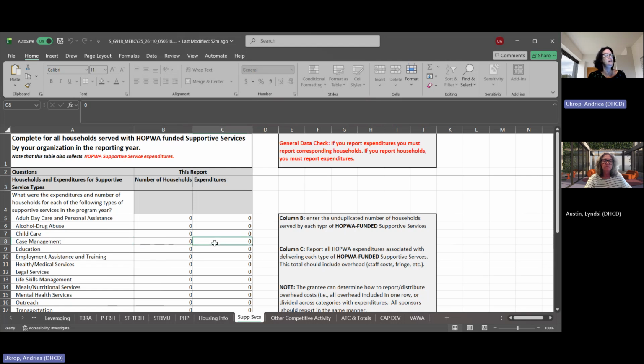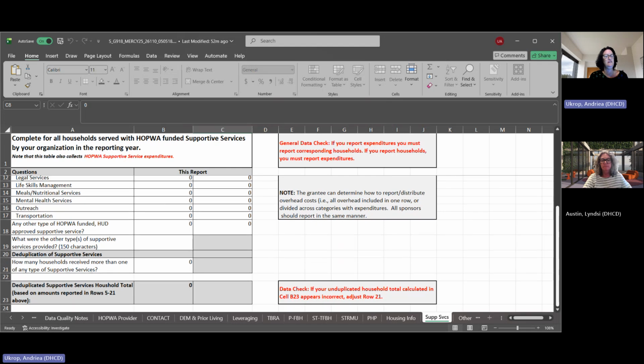However, you will need to provide an explanation again in the data quality notes under supportive services. So that is a change from the past. Those dollars can come from another funding source. We just need to know that case management is being provided.